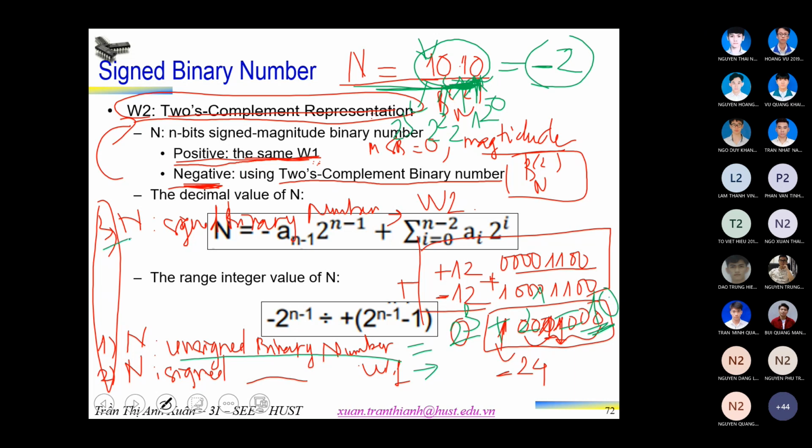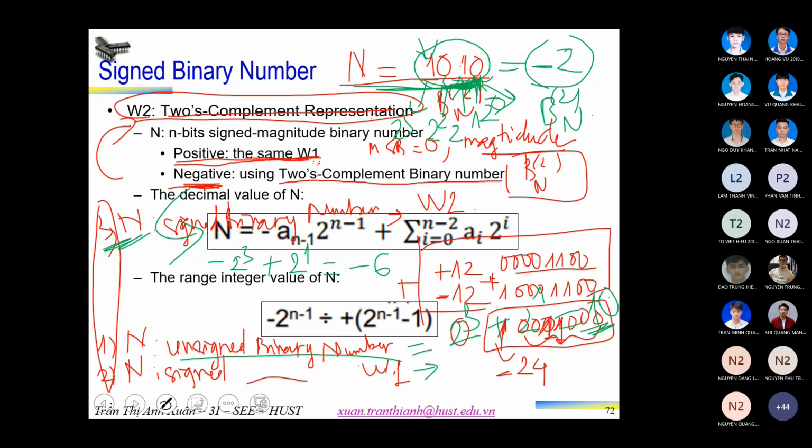And finally, if this number is expressed in the second way, that means this is the two's complement representation. Okay, so here we can use this formula to convert to the decimal value. So that means we have a minus here and a plus here, and it equals minus 6 for the final case.